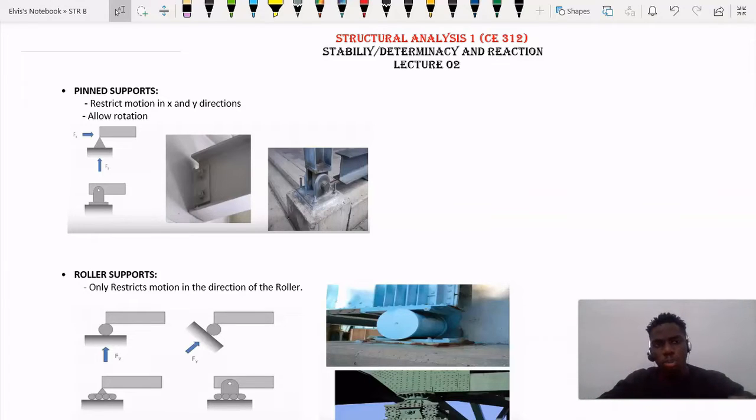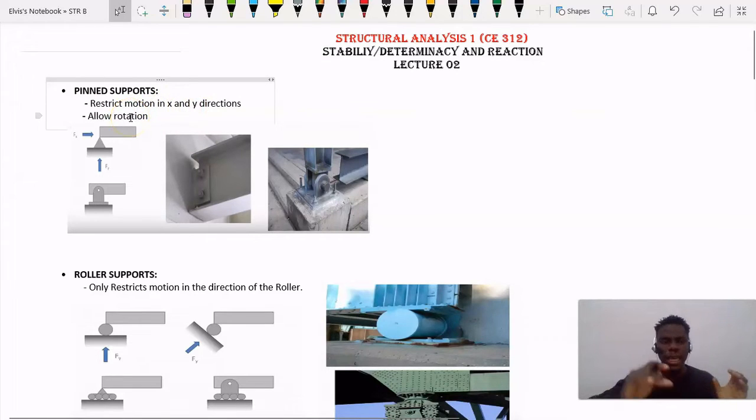We are going to discuss pin support, roller support, and fixed support. The first support reaction is pin support. Now guys, what is pin support? Pin supports restrict motion in the x and y direction, and they allow rotation. Now guys, I know you'll be like, so does that mean the structure is going to rotate?